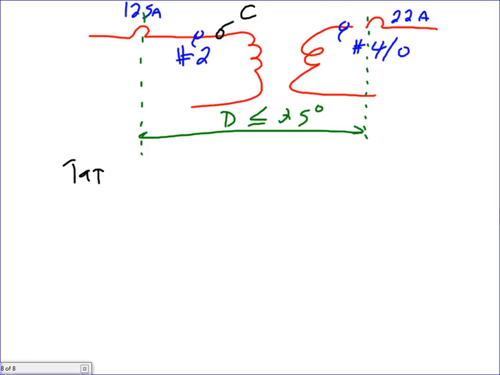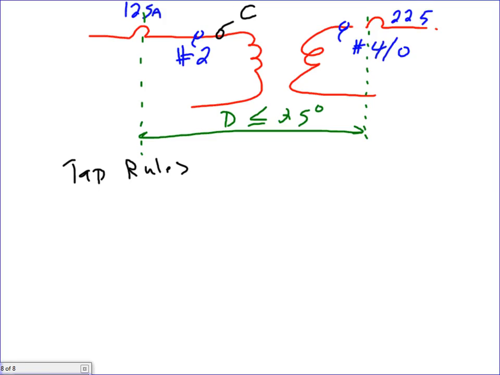Tap rules based on sizing. The primary overcurrent device is 225 amp.